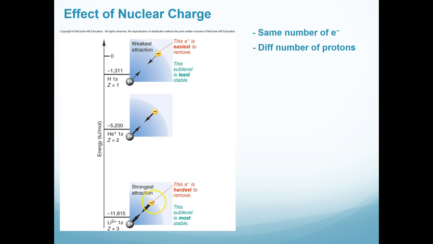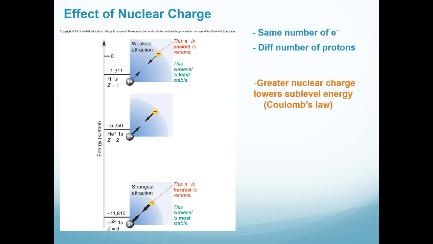Or we could say that since this electron is being pulled so close to the nucleus, it's going to be a lot harder to remove that electron. So again, the greater nuclear charge is going to lower that sublevel energy.